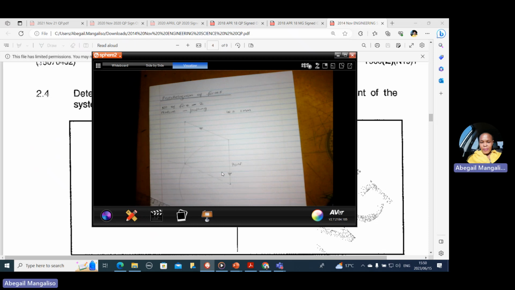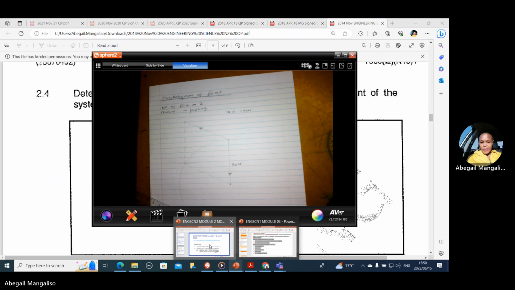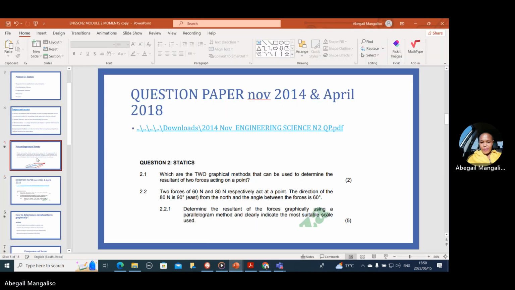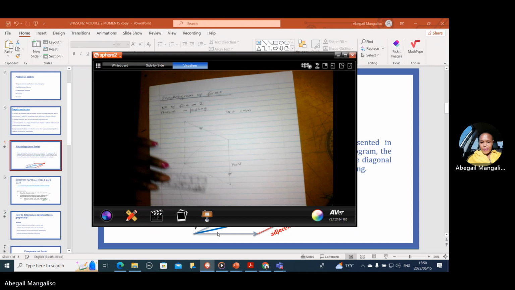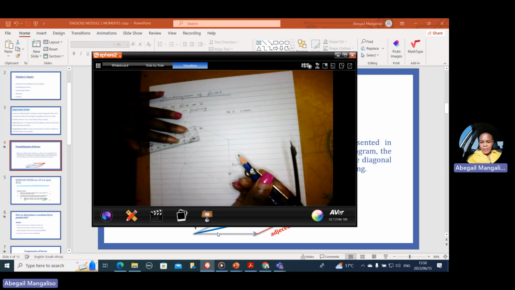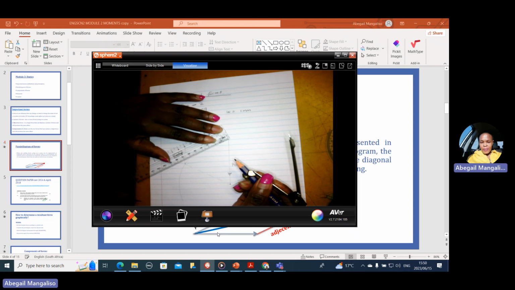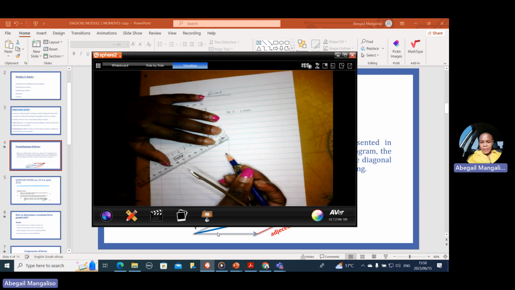Now the definition of a parallelogram states that the resultant will be represented in magnitude by the diagonal. So I will sketch a diagonal and measure its length, taken from the point on which these forces are acting. So the diagonal will be taken from that point to this side.